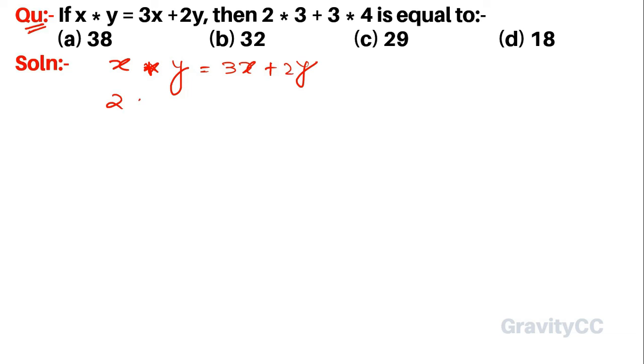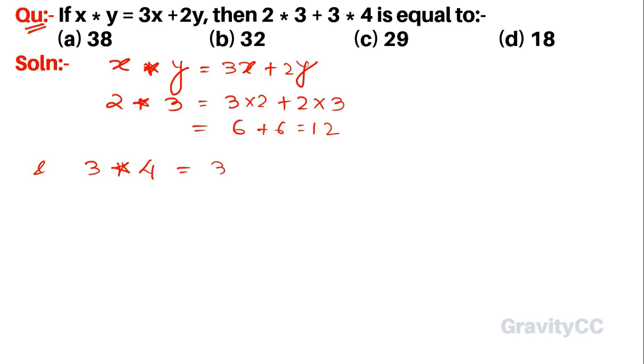So 2 asterisk 3 is equal to 3 into 2 plus 2 into 3, so 6 plus 6 is equal to 12, and 3 asterisk 4 is equal to 3 into 3 plus 2 into 4, so it is equal to 9 plus 8, which is 17.